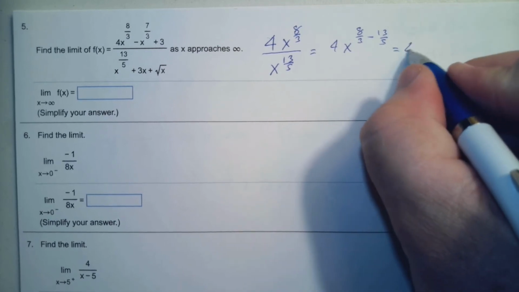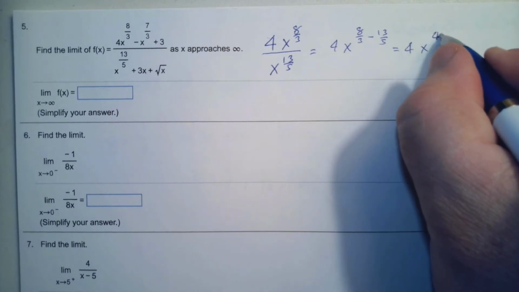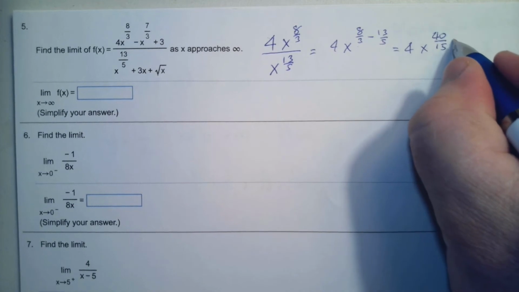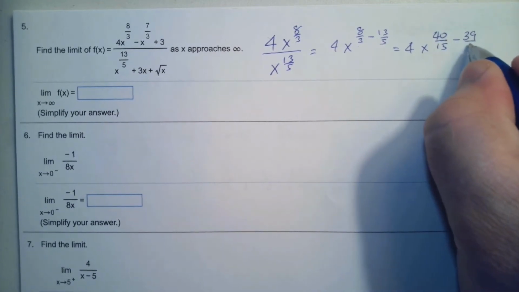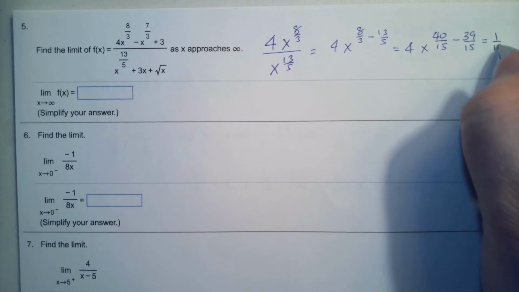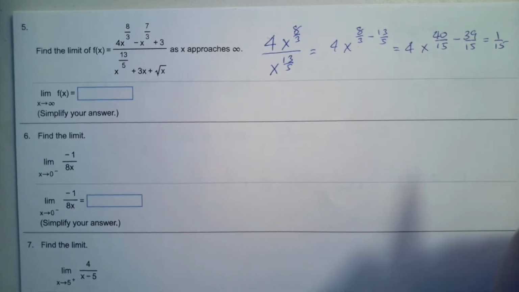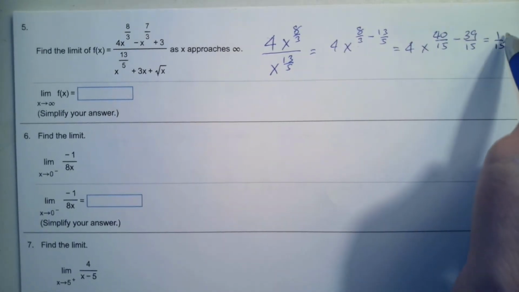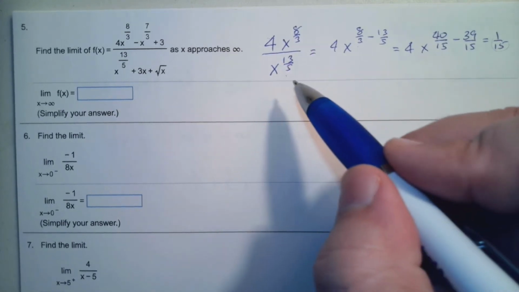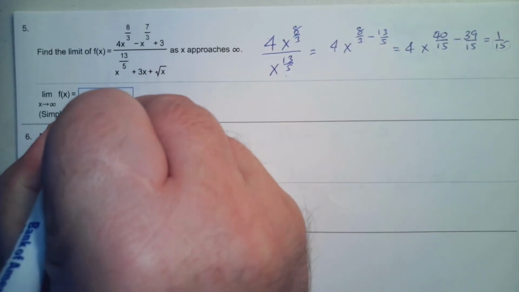Get a common denominator. So this one needs a 5, so it's 40 over 15. This one multiplied by 3, minus 39 over 15, equals 1 over 15. Since it's a positive number, that means the top value is bigger than the bottom. Since the top is bigger than the bottom, it goes to infinity.